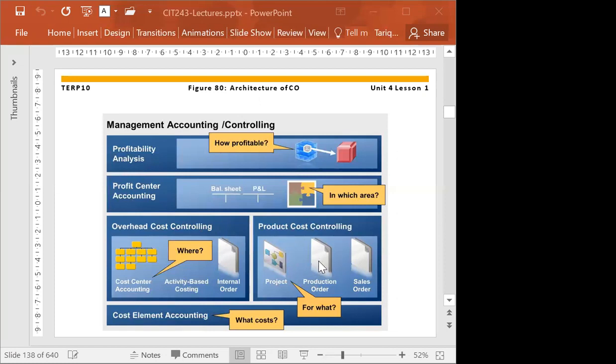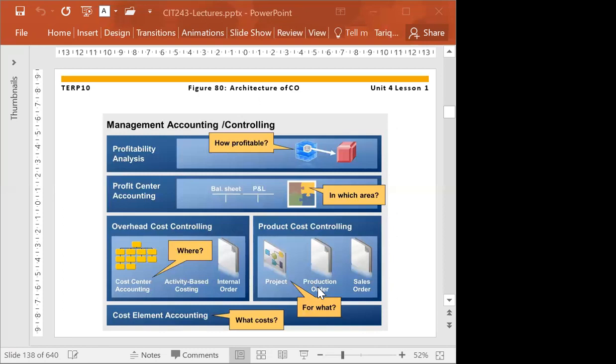For the settlement, it will come back to me. So I will settle the amount, I'll pay the money, and then the balance of this maintenance order will be 0. If I don't pay that maintenance order, it will keep that amount, for example $2,000. When I pay, it will be 0.